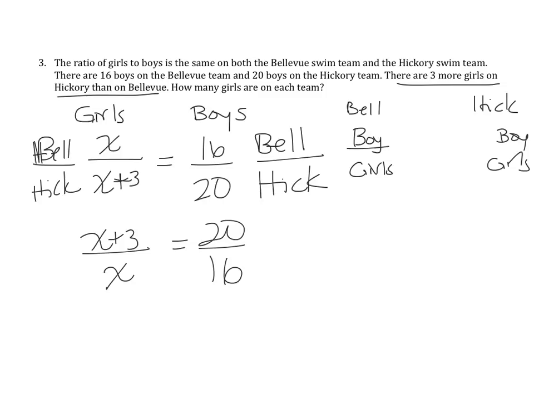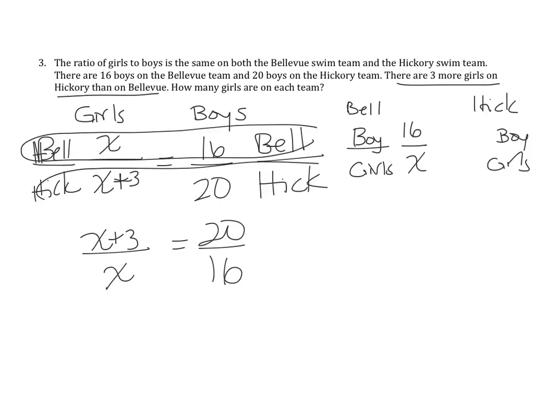Sorry, my handwriting's getting a little bit bad because I'm trying to write small. So if you do boys over girls for Bellevue, that would be 16 boys on Bellevue over X girls on Bellevue. We don't know. So I'm doing Bellevue, this over this. And then over here, there's 20 boys on the Hickory team over X plus 3 on the girls' team.